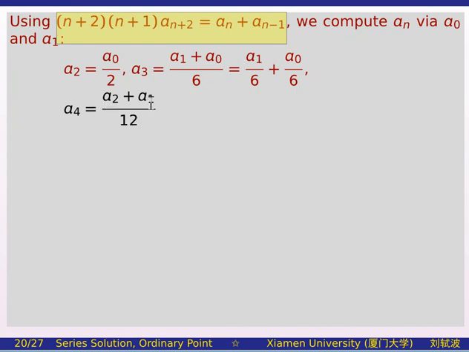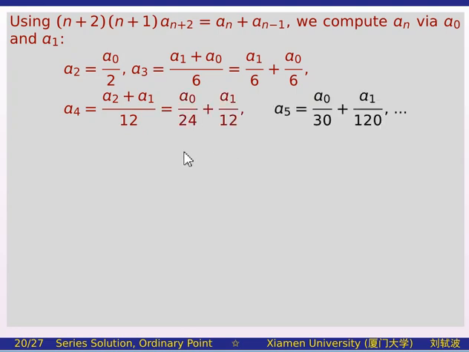But we want to express everything in a0 and a1. So we need to substitute a2 here using the expression for a2, that is half of a0. Therefore, this is a0 over 24 plus a1 over 12. And then we can compute a5 in a similar manner, that is a0 over 30 plus a1 over 120.